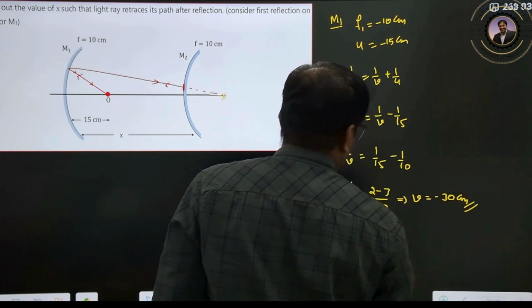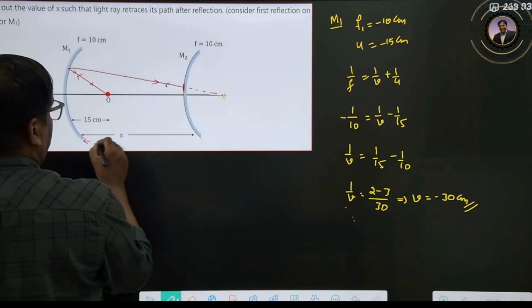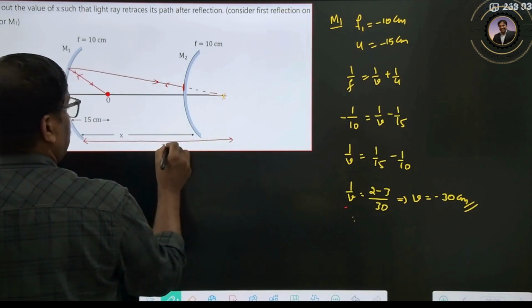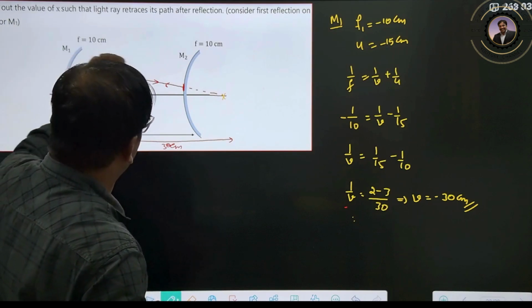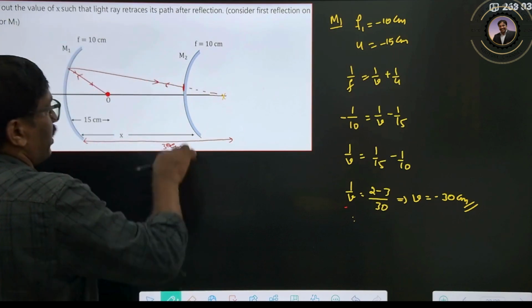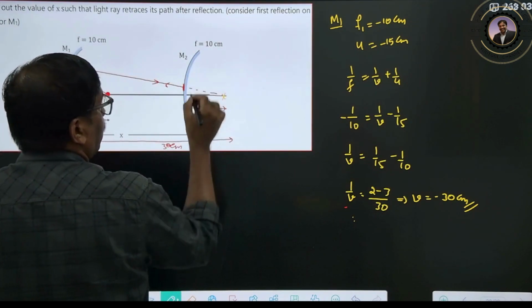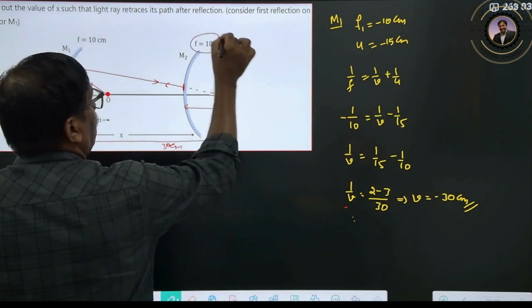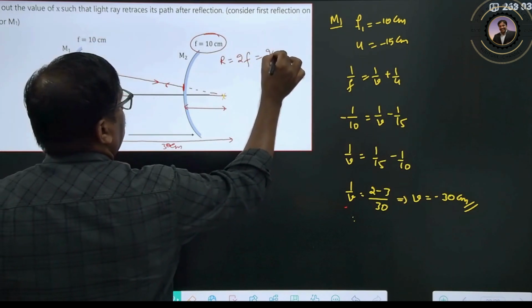So v equals minus 30 centimeter. That means this distance, from here to here, is 30 centimeter. Clear? That means it is incident at this point. Therefore, compulsorily this has to be the radius of curvature. How much is the radius of curvature? The focal length is 10 centimeter, so the radius of curvature of this one is 2 times f, 20 centimeter.